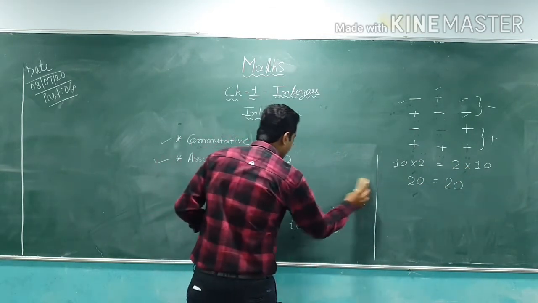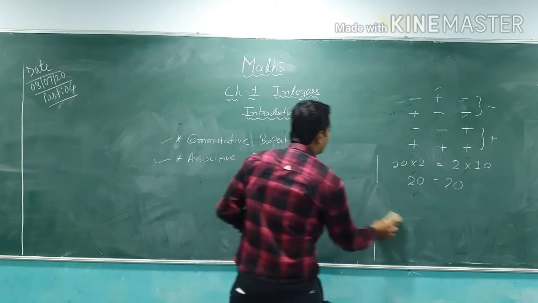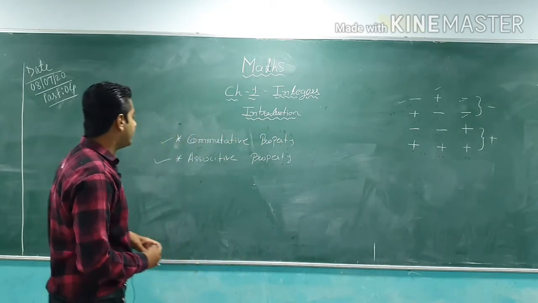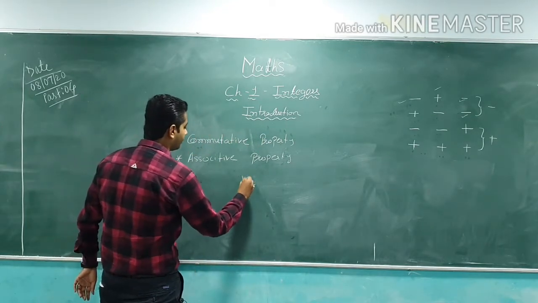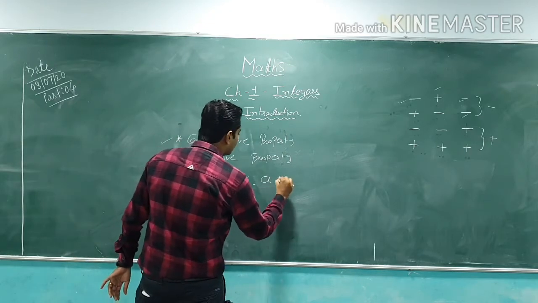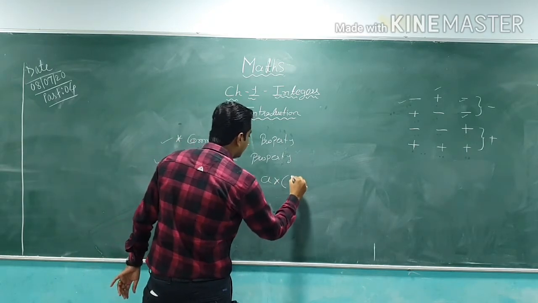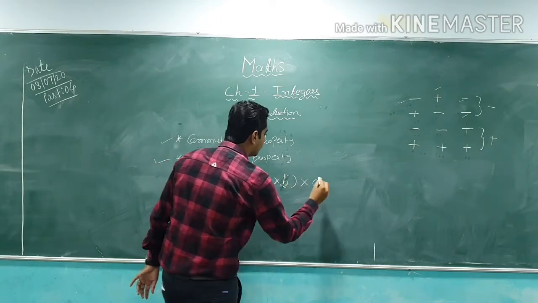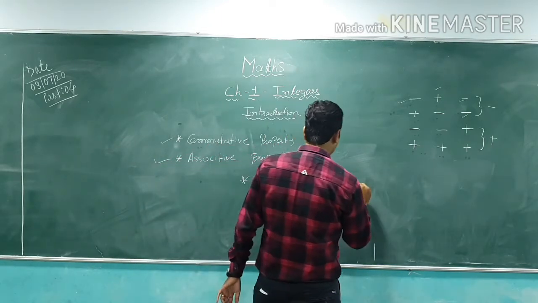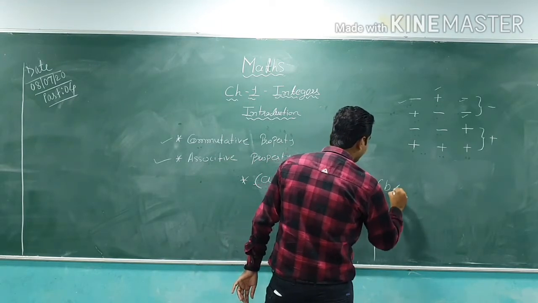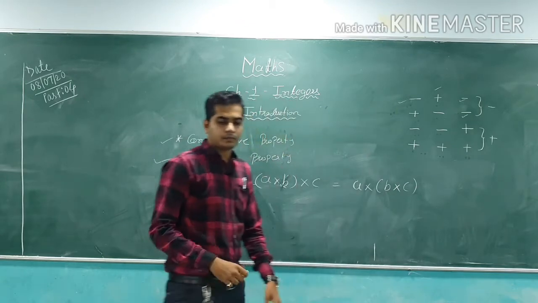So now move on to the next, associativity. What is associativity in multiplication? Let's take, first of all, write the terms: a multiply b multiply c is equal to a multiply b multiply c.